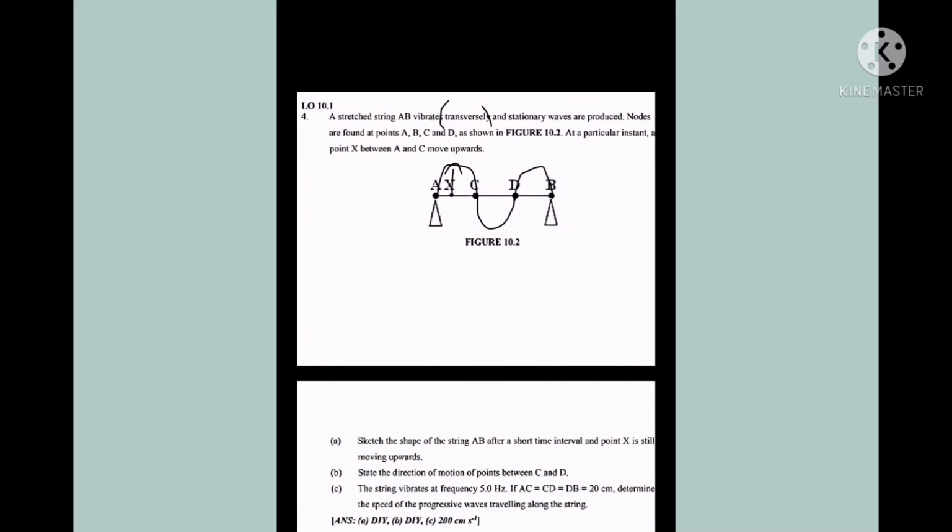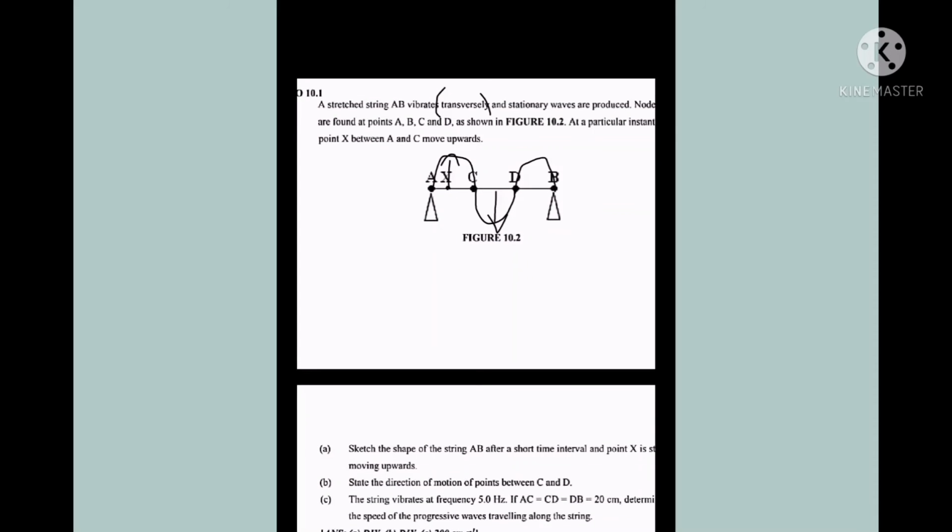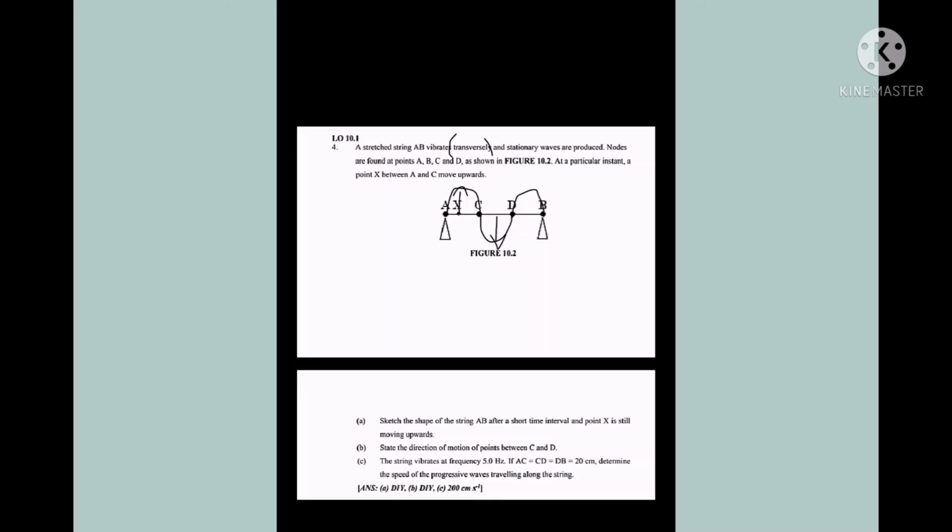Okay, we move to question B: state the direction of the motion of a point between C and D. As we can know, C to D goes to the bottom, so the direction is downwards, just like this.